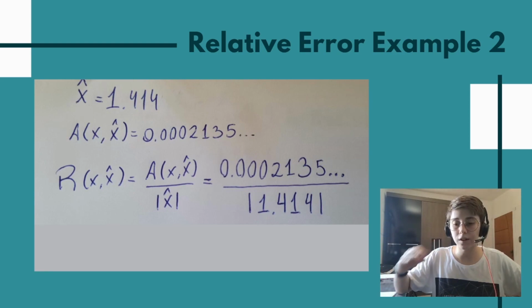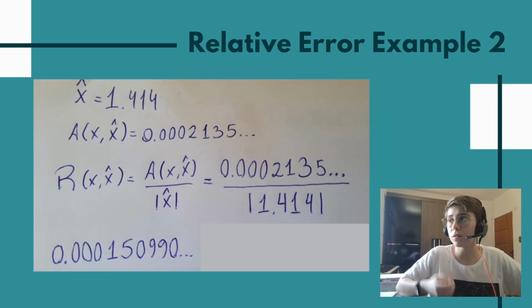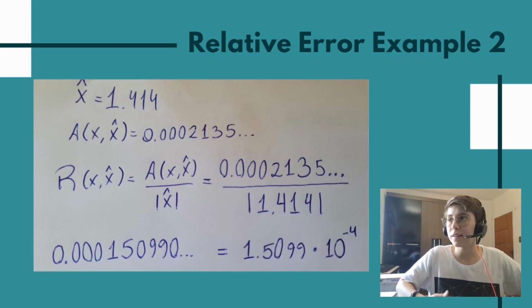We can't forget to put it in the modulus because it could be a negative value, and this will result in 0.0015090. And we can also write this as 1.599 multiplied by 10 to the exponent -4.